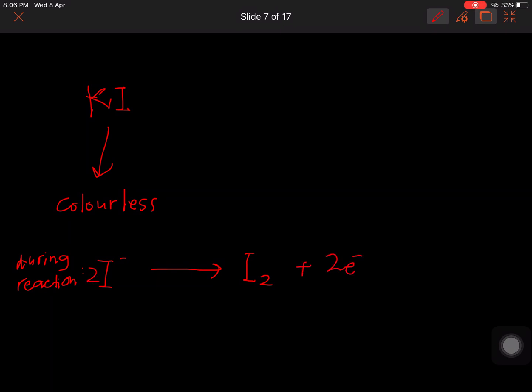So what is the color of iodine? Iodine is pale yellow, very light yellow. So what do I have to write here? Maybe I should write pale yellow, iodine.